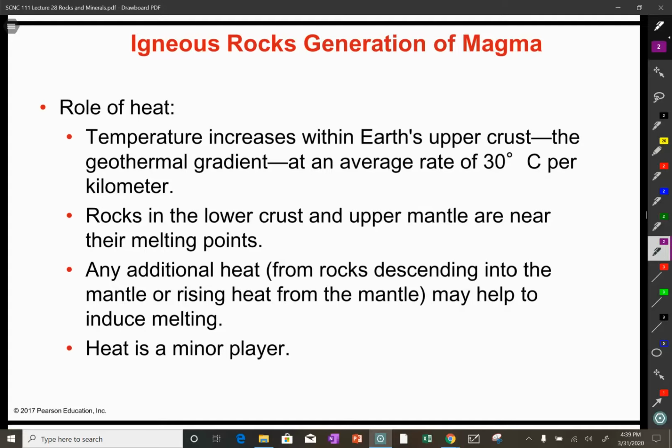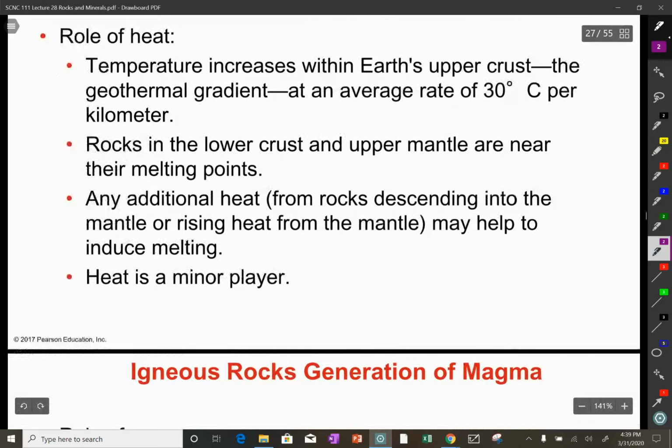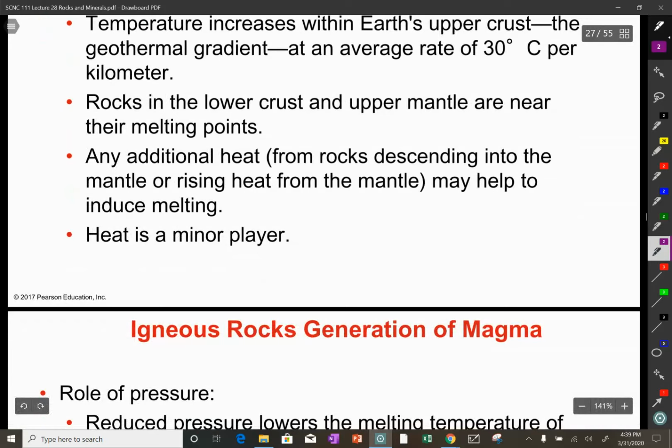Those mechanisms I talked about compose less than 1% of the Earth's total energy budget. The other more than 99% of the Earth's energy budget comes from the sun. So rocks in the mantle are near their melting temperature. It doesn't take much to make them flow.